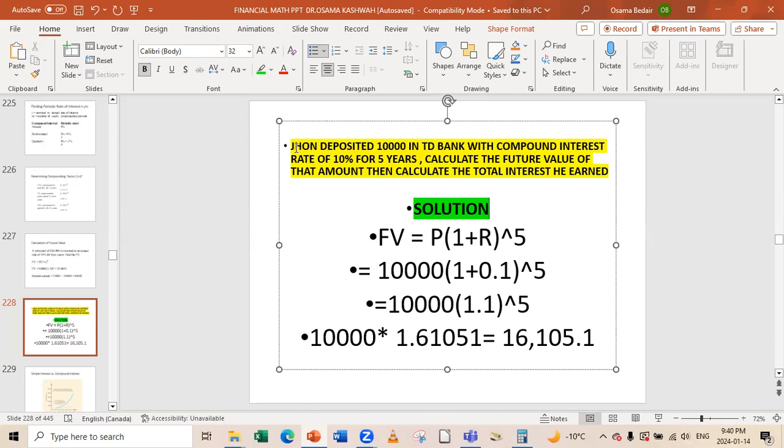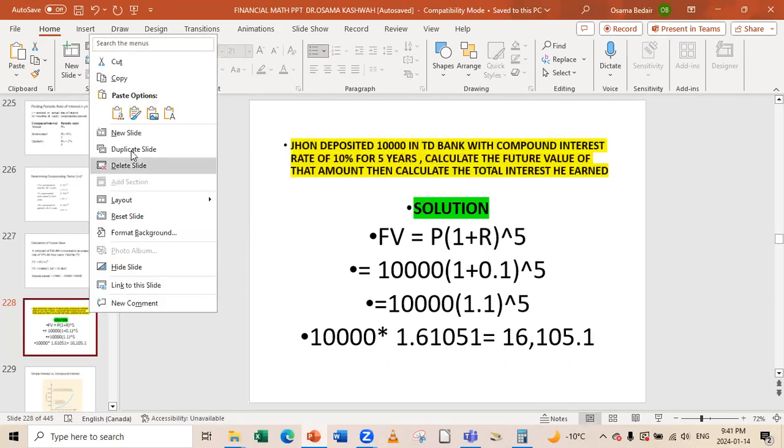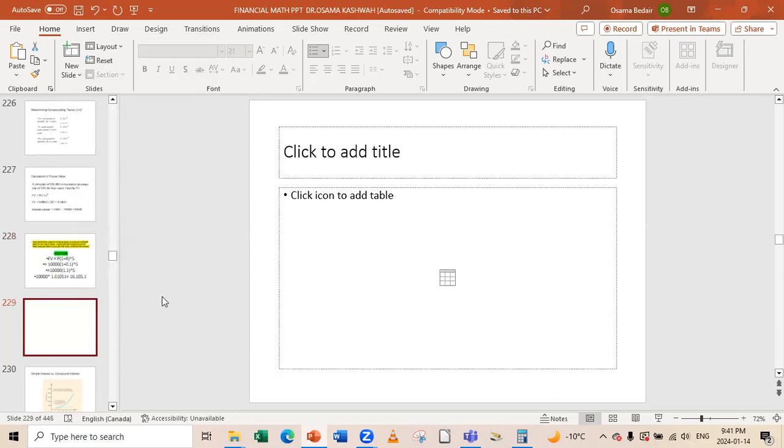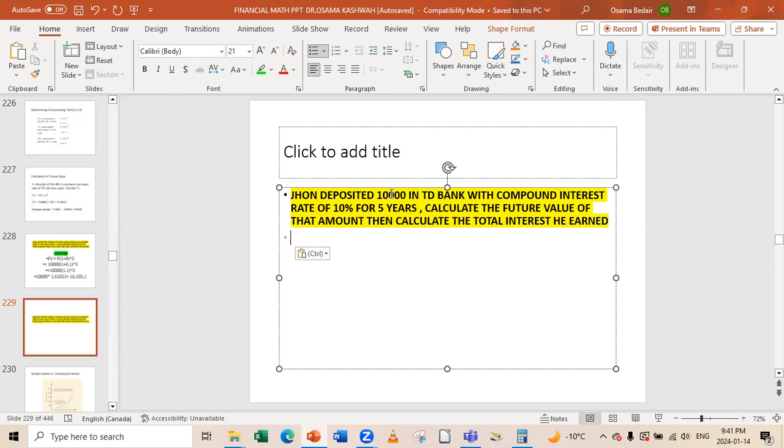Okay, we'll take another example, guys, and you will work on it. I just want you to do it. Control and C, and we will put it here in a new slide. So, guys, you can say exercise here, Control and V, and the amount I will make 20,000. Compound interest of 5% for 20 years.